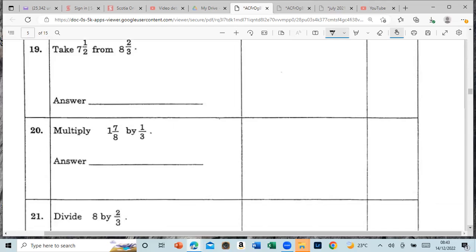Alright, it says take 7.5 from 8 and 2/3. So let's go. We're going to convert again. You know what? We could do this easier. Not all the time we can work like that, but it can work. 8 minus 7, that's 1, and then we're going to subtract a half from 2/3.